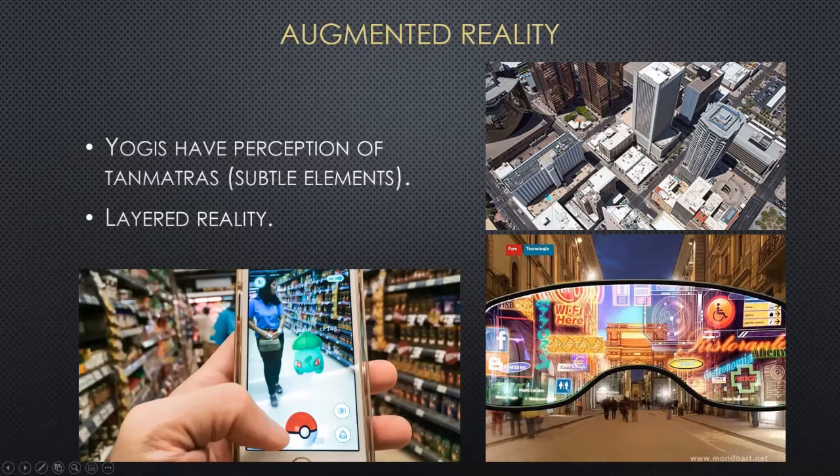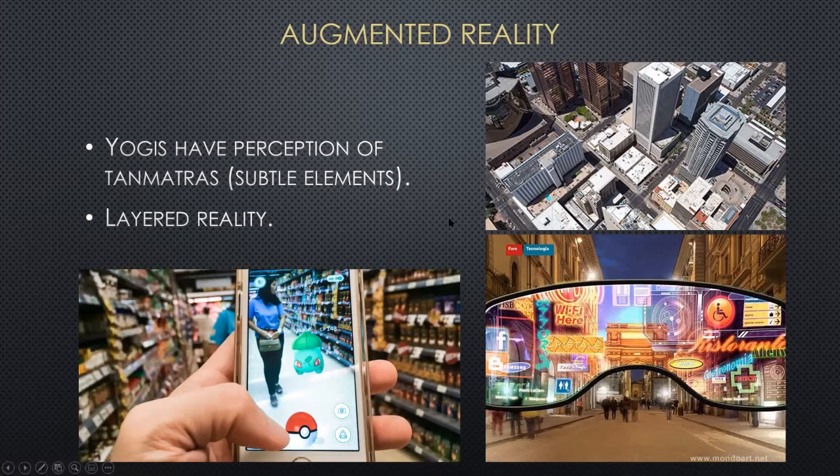So that one has to do with looking at the layered reality. You have to be able to see this other layer. Even though you're at the same place, you're only looking at the gross manifestation of it, not at the tanmatras.